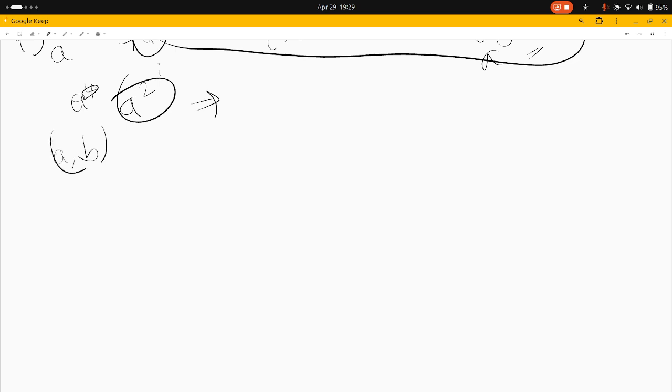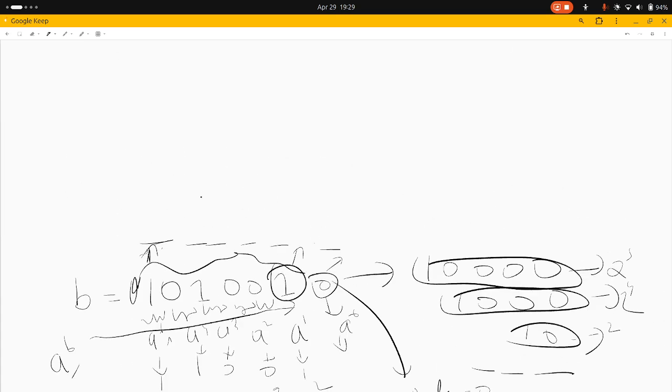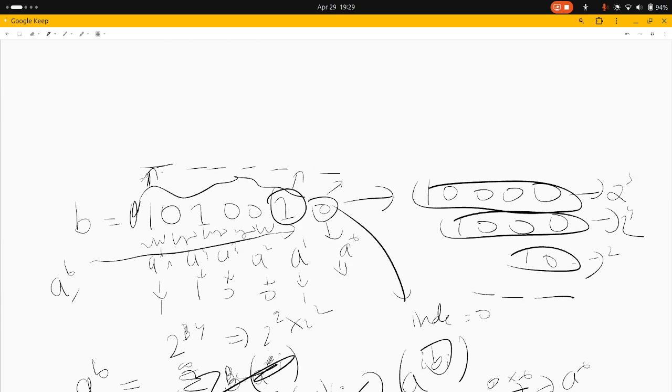Function of a power p can be computed like this. Let me take a result which equals 1. I'm appending all my results in this result, while I'm extracting the bits from this particular binary format.